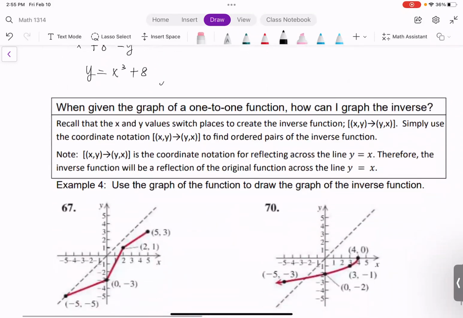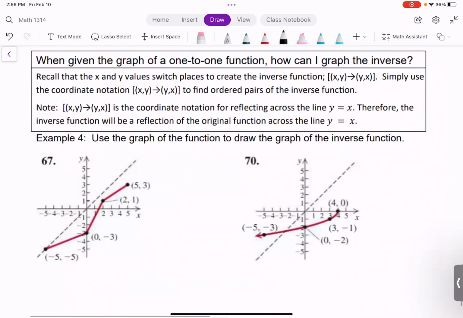Okay, let's move on. When given the graph of a one-to-one function, how can I graph the inverse? If I know this function is one-to-one, it passes the horizontal line test, how do I find its inverse function graph? We have learned how to find the inverse function by the 4 steps, but now how about the graph?